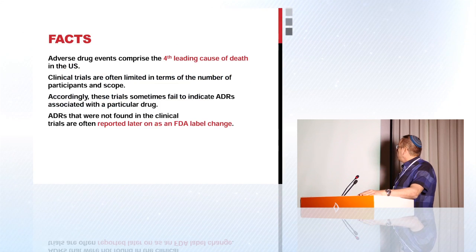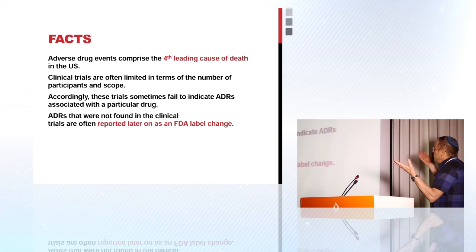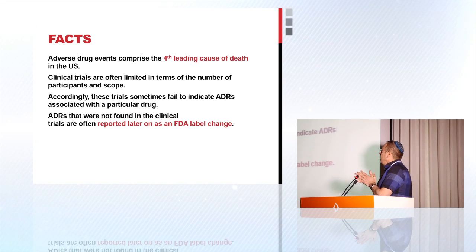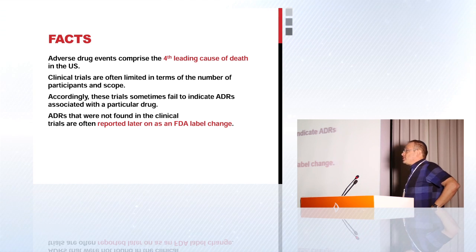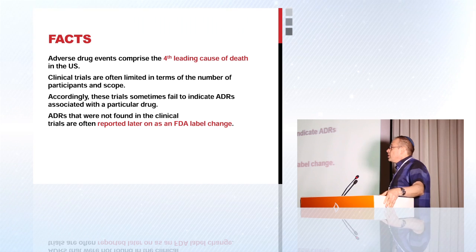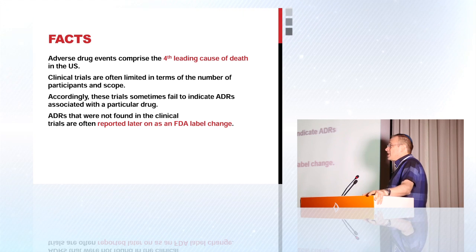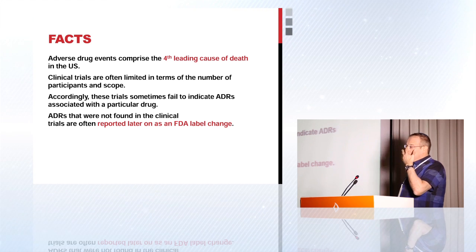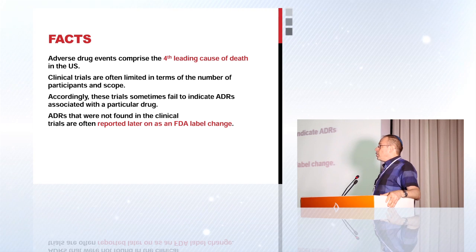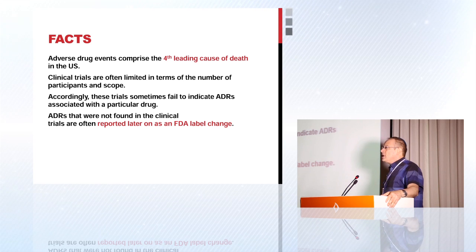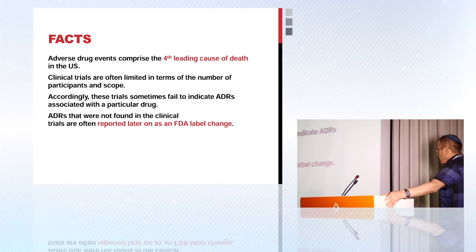I'll start to talk about the applications. One of the main problems is that the fourth leading cause of death is due to ADRs of drugs. The problem is that the ADRs that companies find in clinical trials are only a partial list, and many of them are discovered years after the drug was released into the market.